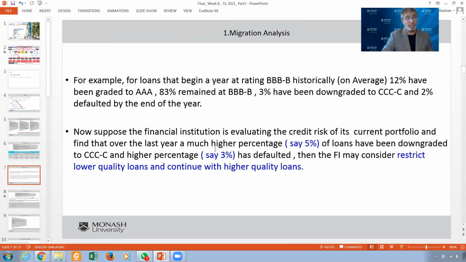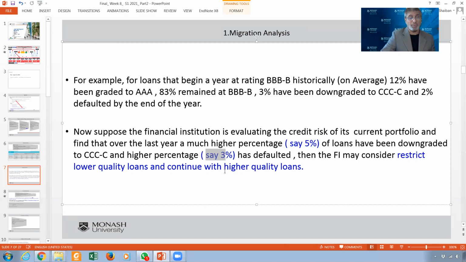For example, you have a triple B, but among the companies you have, you find that 5% of loans have been downgraded to C, which is actually here, the average is only 3%. Your companies, your investments have dropped 5%. And a higher percentage has defaulted, which means 3% now defaulted. Here, the defaulting is only 2%, which means you are holding below-average companies.